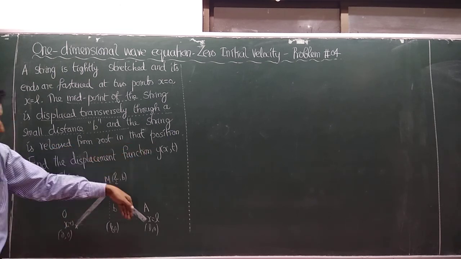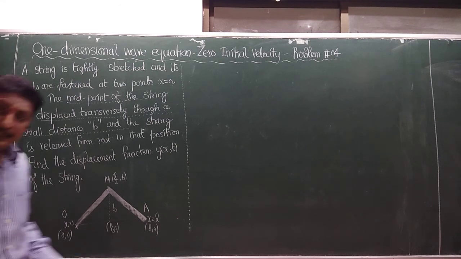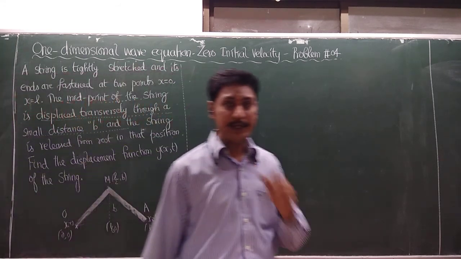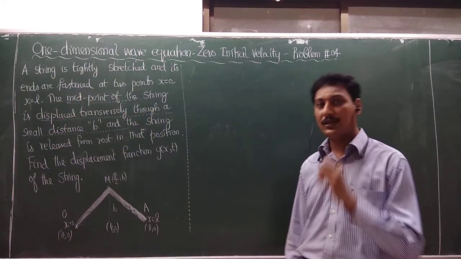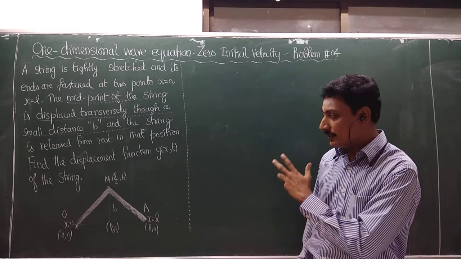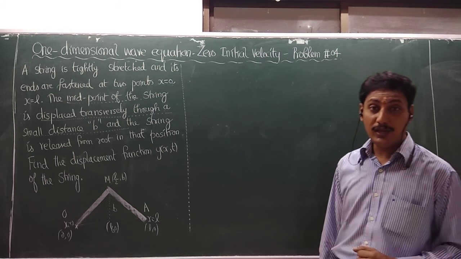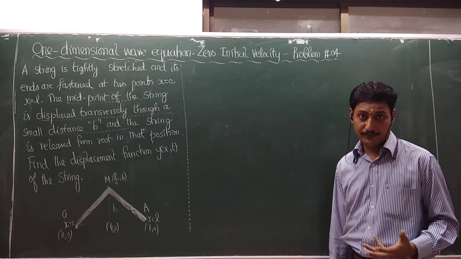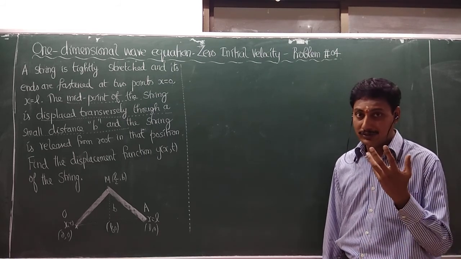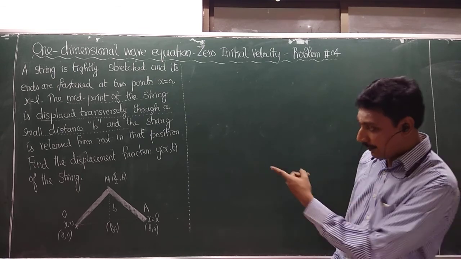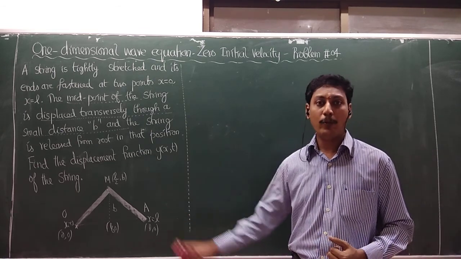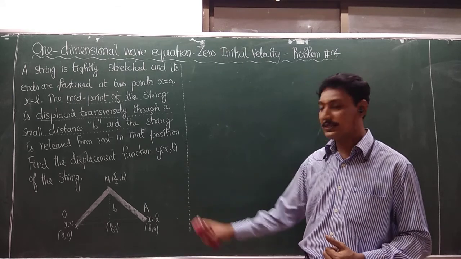So my string is like this. Initially, what is the displacement function? This is the first idea, because in problem number 4, the initial displacement function is not given, but we have to find it by using this midpoint concept.